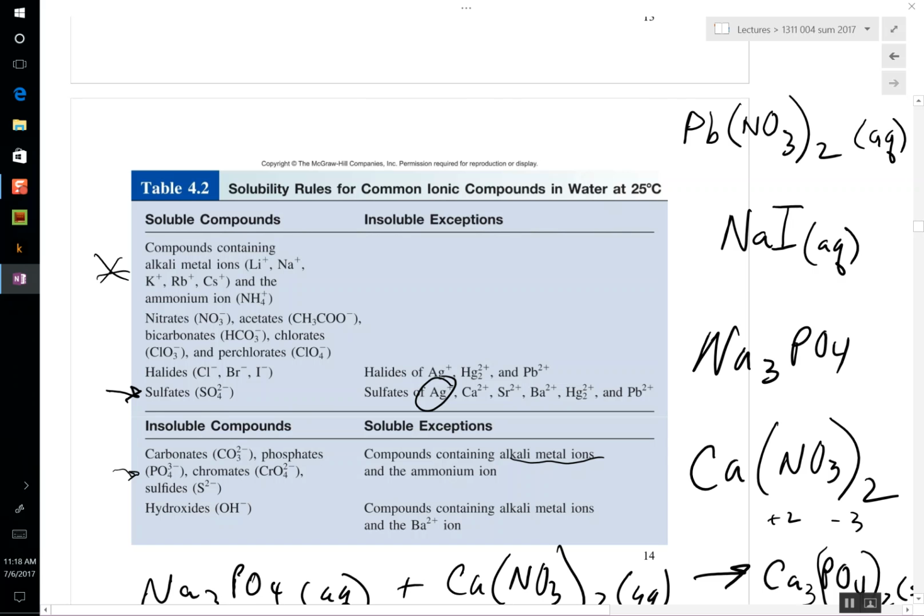Now I'm going to write an ionic equation, and it's going to be balanced. So silver nitrate is going to be 2 silver ions, 2 nitrate ions. This is going to dissociate into 2 sodium ions and 1 chromate ion. I could put aqs after all of these. I'm just not going to do that in the interest of time, but it's just showing that ion is floating around in water.